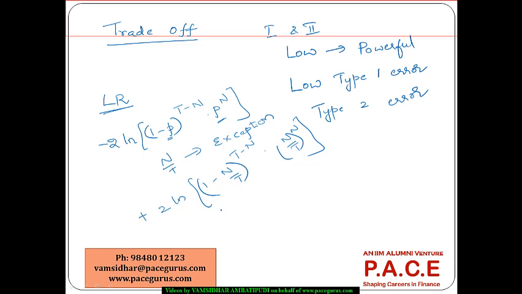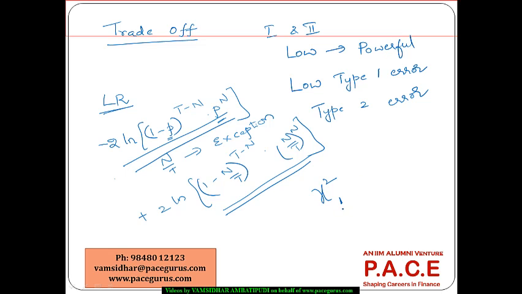So we are looking at two parts: one with respect to the actuals, and the other with respect to the VAR based probability, or the confidence significance level. What it says is that this log likelihood ratio should be asymptotically distributed as a chi-square distribution with 1 degree of freedom.